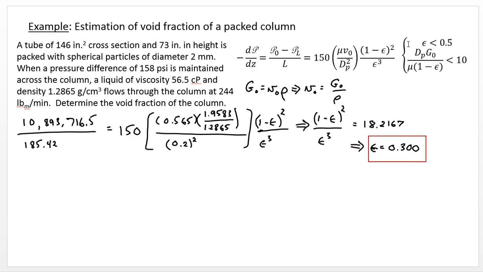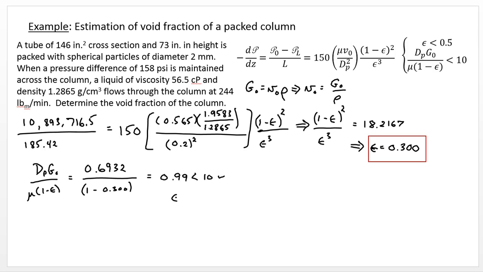And so now we can check. It's less than 0.5, yes. And we can go back and check our other parameter, dp g naught over mu times 1 minus epsilon. So once we have this value, we see that dp g naught over mu times 1 minus epsilon is equal to, we found before, 0.6932 divided by 1 minus 0.300, and this is equal to 0.99, which is less than 10.